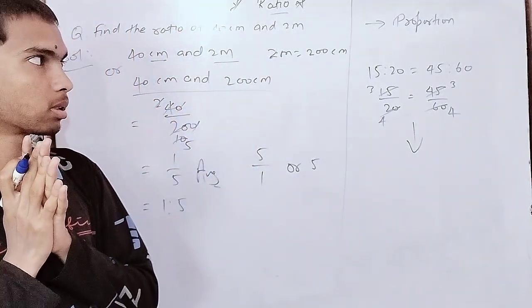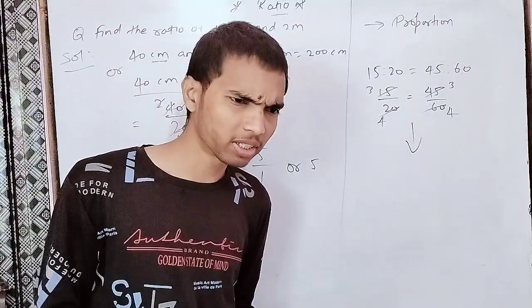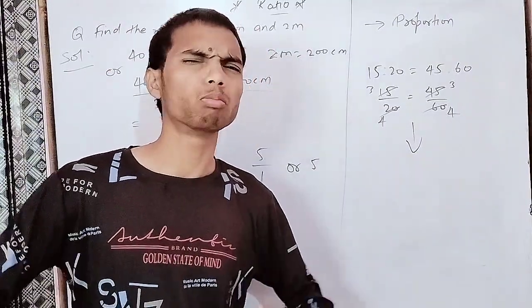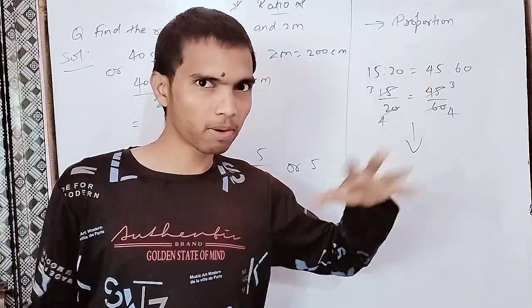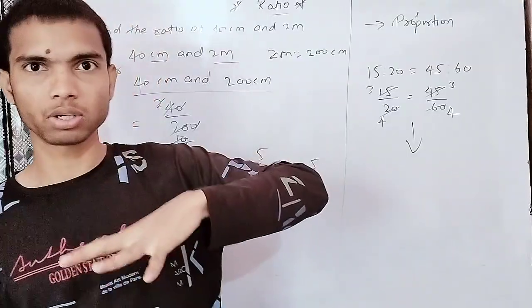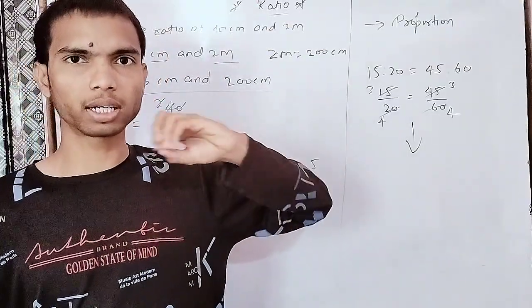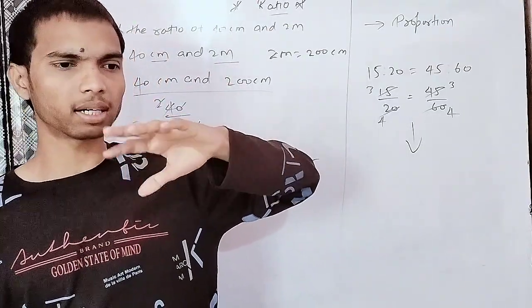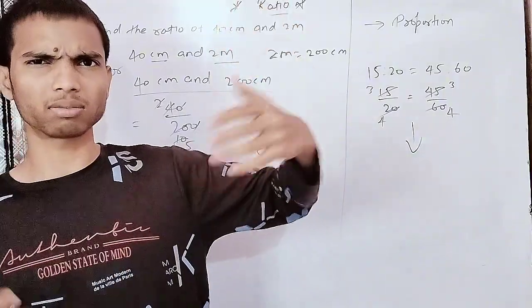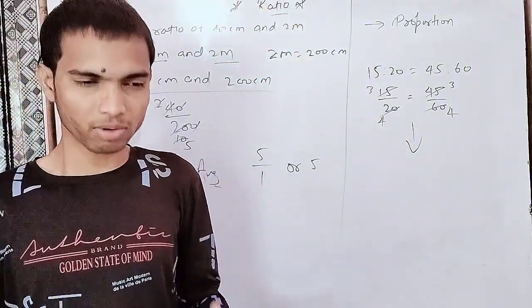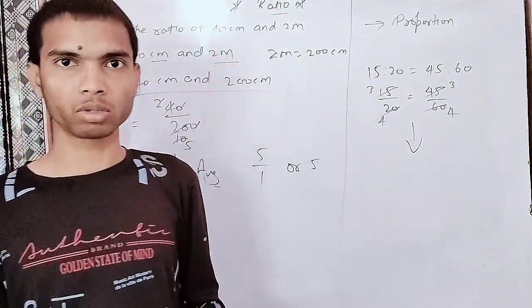The number in the numerator and the number in the denominator would be large, but after simplifying it would be smaller, like 1 by 2, 2 by 3, 4 by 5. After simplifying, we get the lowest form.